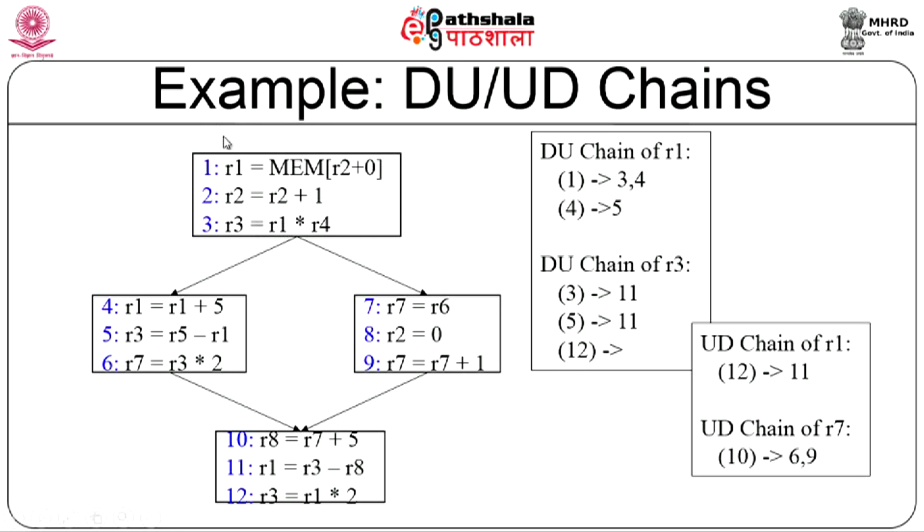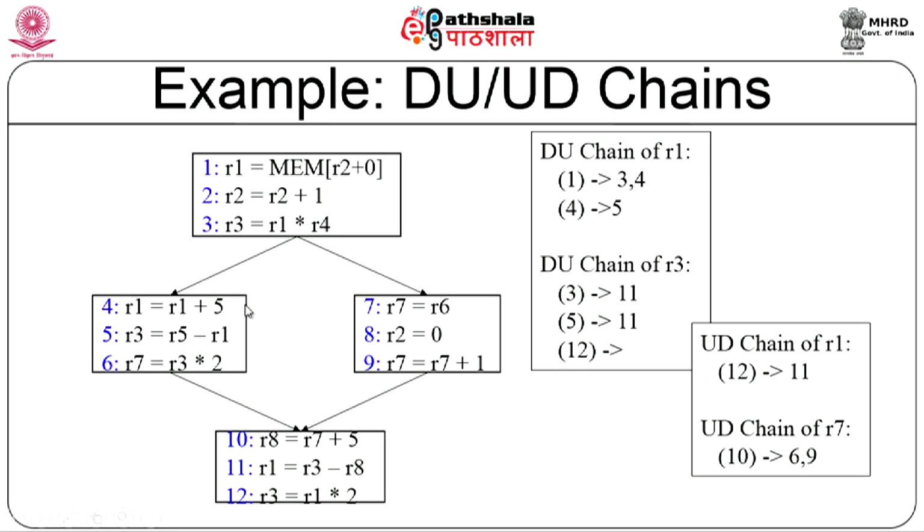So, the definition use of R1 is from 1, and it is being used by 3 as well as by statement 4. So, statements 3 and 4 use R1 which was defined in statement 1. That is why the DU chain of R1 consists of whatever is defined in 1 being used by 3 and 4. Similarly, 4 also defines R1.